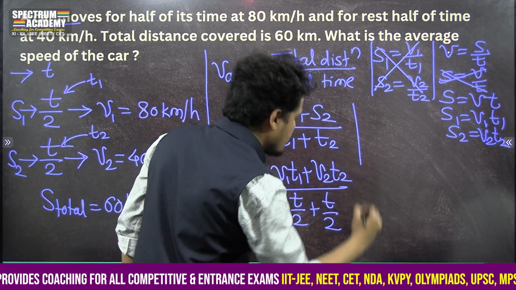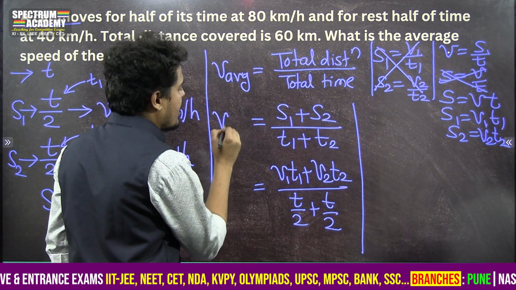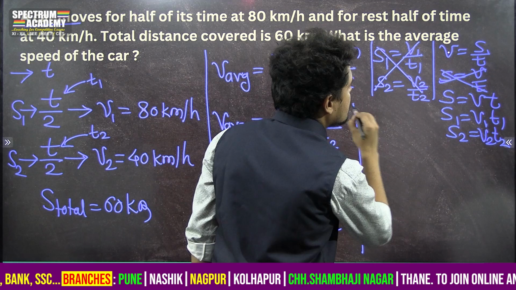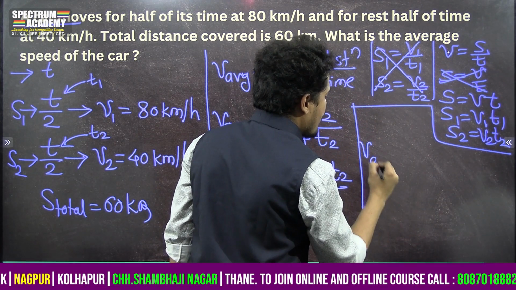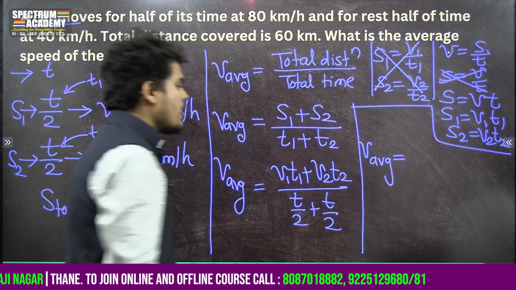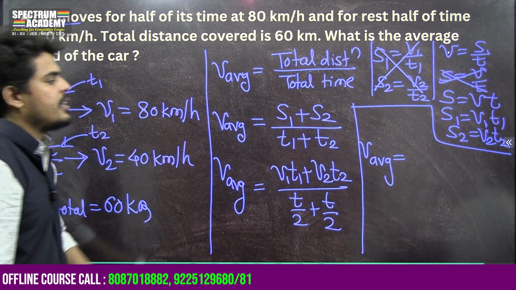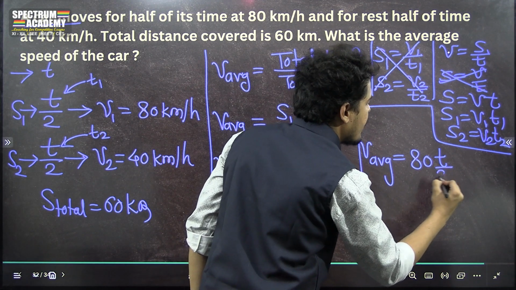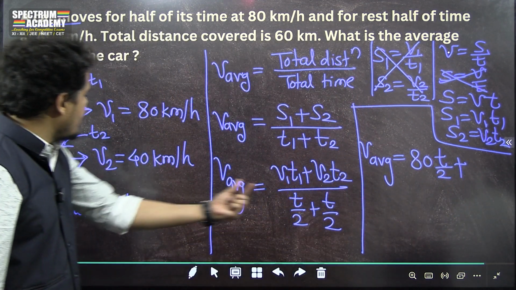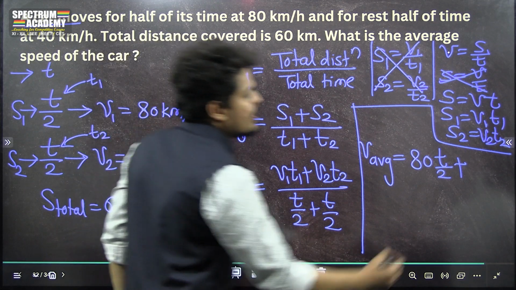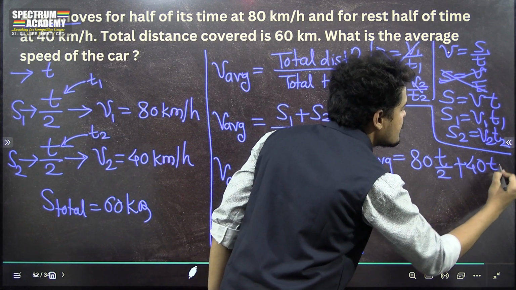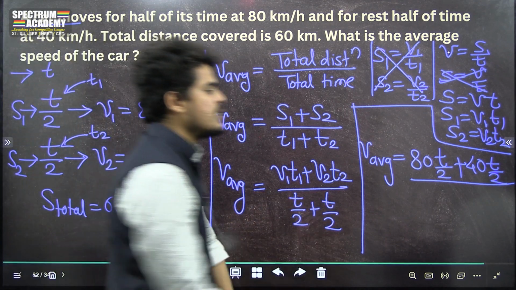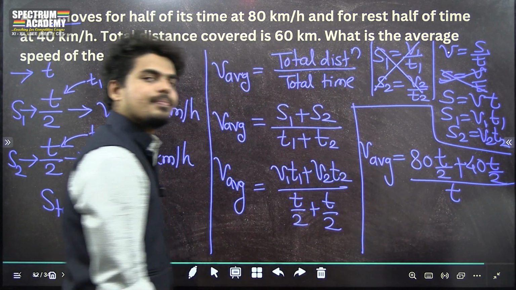So putting the values, v average equals v1 into t1, v1 is 80 into t1 means t by 2, plus v2 is 40 km per hour, that means 40 into t2 is t by 2, again upon t by 2 plus t by 2, it is the total time interval t.